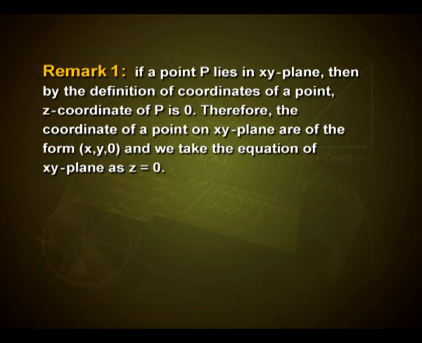If a point P lies in xy plane, then by the definition of coordinates of a point, z coordinate of P is 0. Therefore, the coordinates of a point in xy plane are of the form x, y, 0, and we take the equation of xy plane as z equals 0.